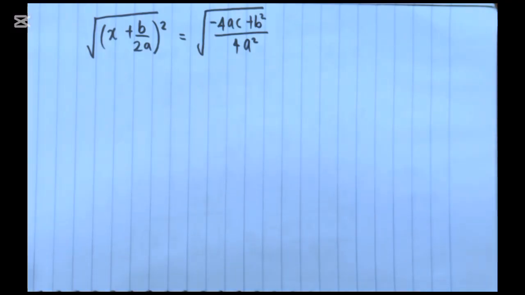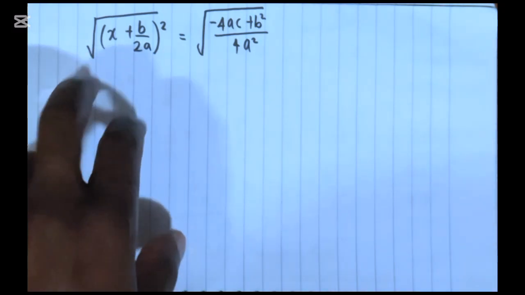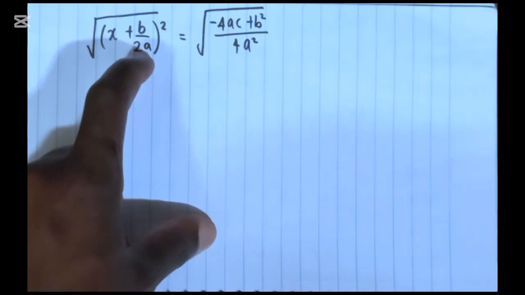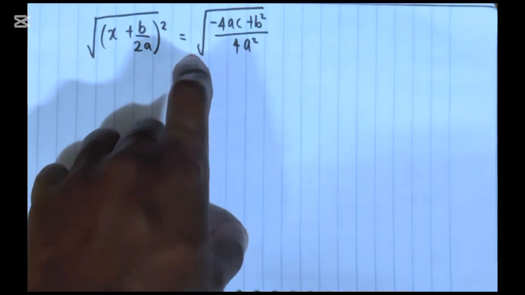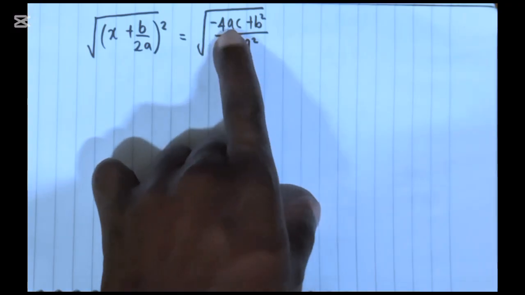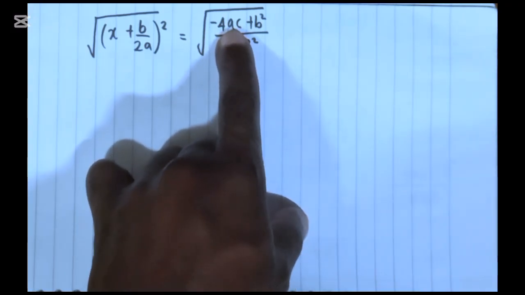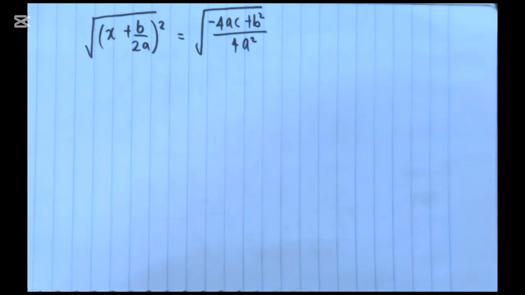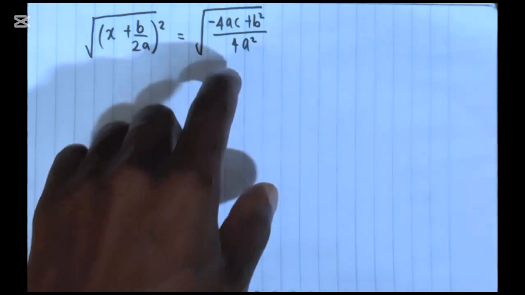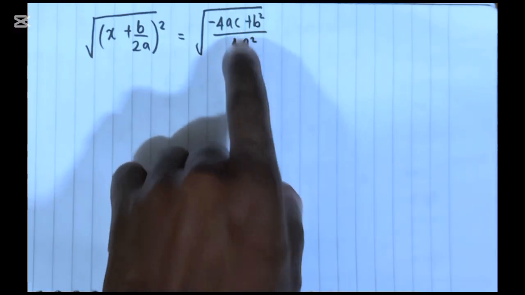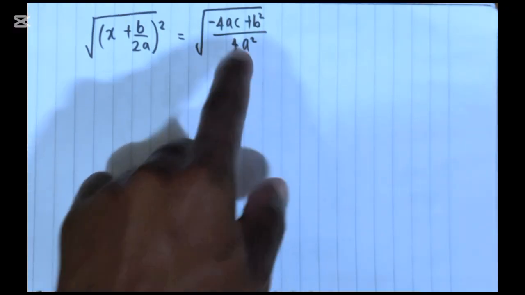So we are supposed to find the square root of what we had on the left-hand side, that was x plus b all over 2a squared, and that should also be equal to the square root of negative 4ac plus b squared all over 4a squared.